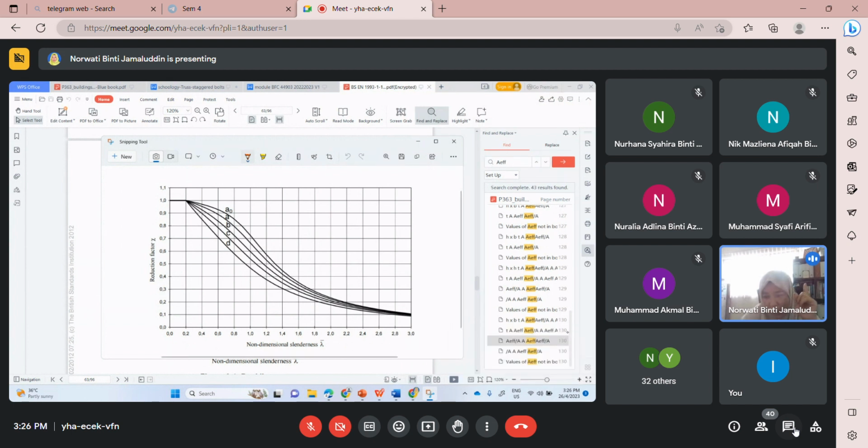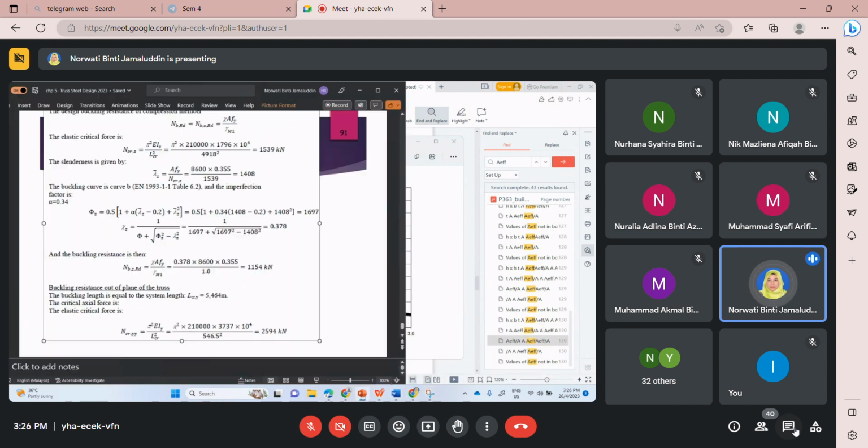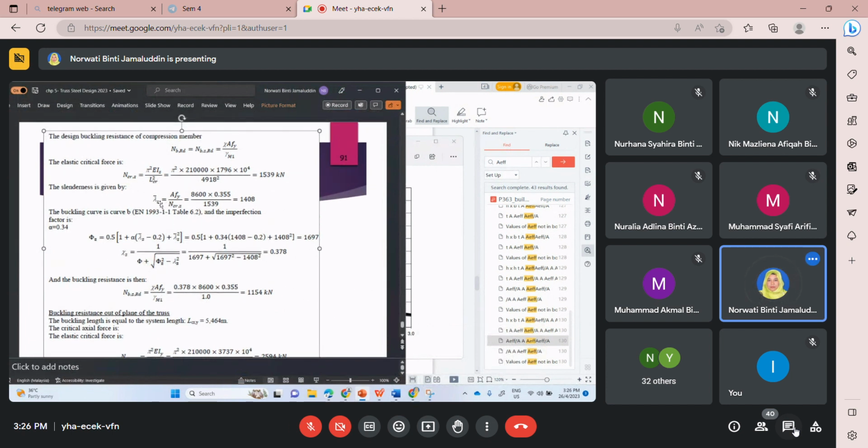I will tell you later. Do we have lambda bar? Yes, we should have lambda bar first. For lambda bar, I just refer to this value. Lambda bar z is 1000, it's correct.